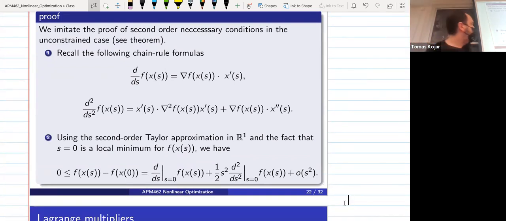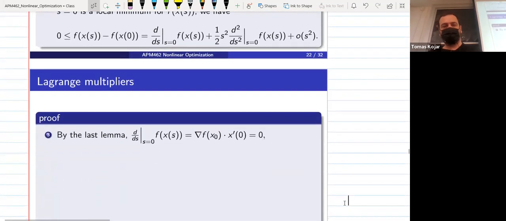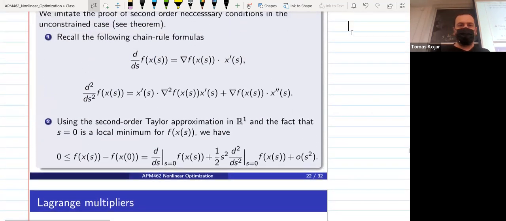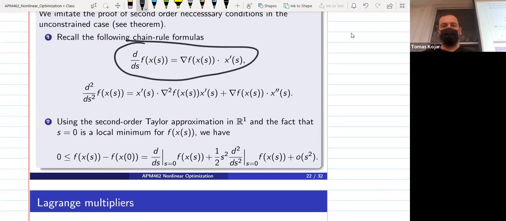We apply it for f of x of s. So you have first derivative, second derivative. Let me do it here as well. So this guy, what did we prove about it?